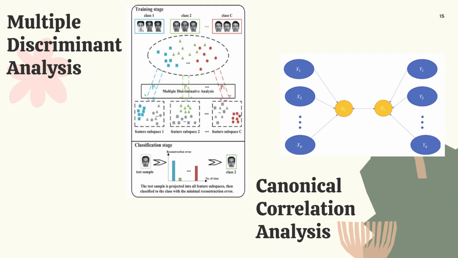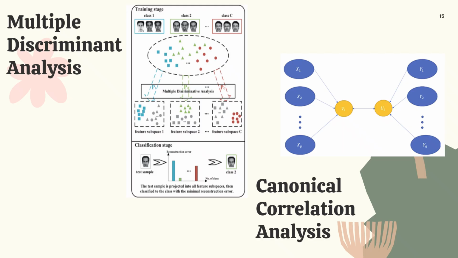Next, we move on to multiple discriminant analysis and canonical correlation analysis. Multiple discriminant analysis helps classify the data into groups based on several predictor variables. For example, it may help categorize customers into high value, medium value, and low value groups based on their demographic and behavioral characteristics.